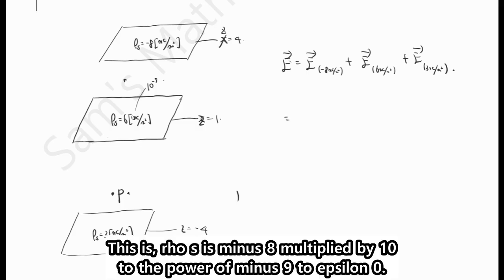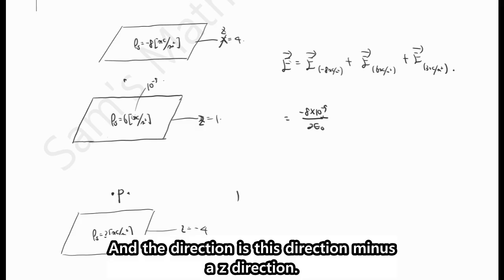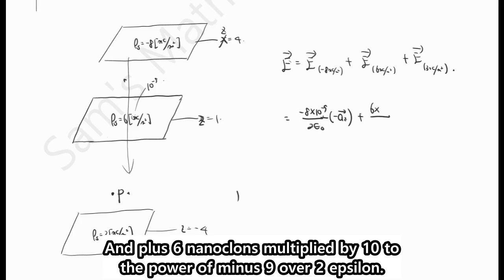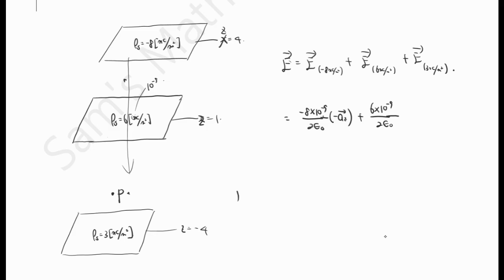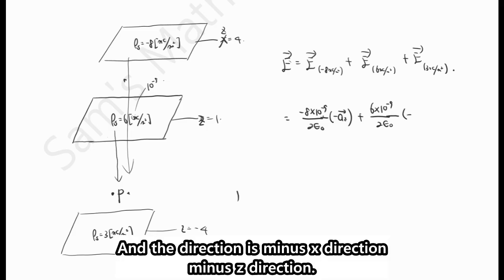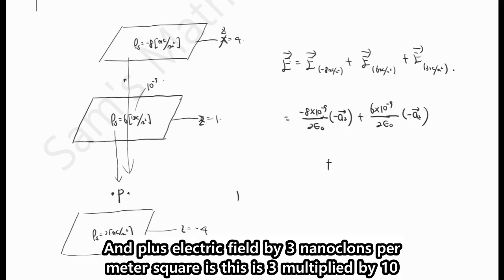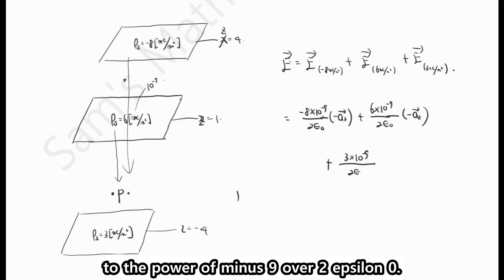This is rho s is minus 8 multiply 10 to the minus 9 over 2 epsilon 0, and the direction is minus az direction, and plus 6 multiply 10 to the power of minus 9 over 2 epsilon 0, and the direction is minus az direction, and plus the electric field by 3 nanocoulomb per meter square, which is 3 multiply 10 to the power of minus 9 over 2 epsilon 0.